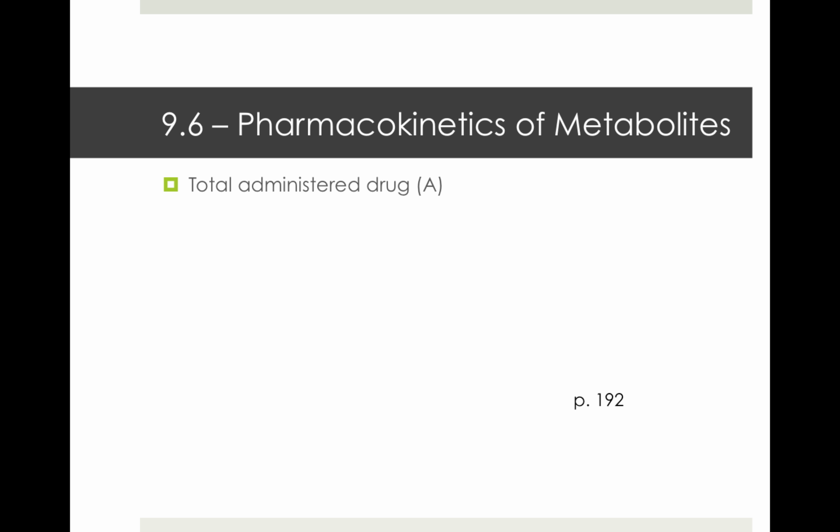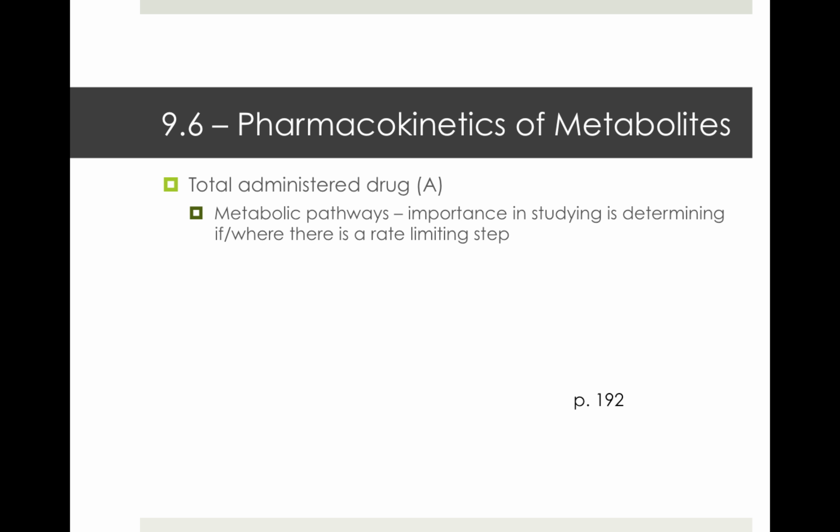The variable used in this is the total administered drug, and this is represented by the letter A. And these pharmacokinetics are important to be studied by looking at the metabolic pathway and determining if or where there's a rate-limiting step, because this rate-limiting step is going to be kind of the bottleneck, so to say, of how our bodies will get rid of the drug.